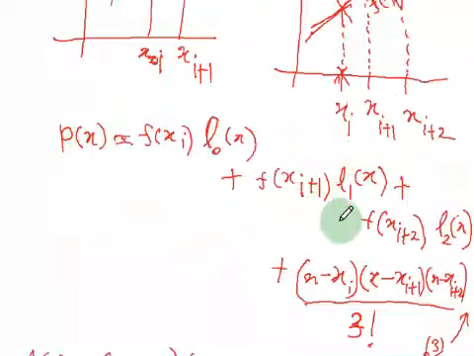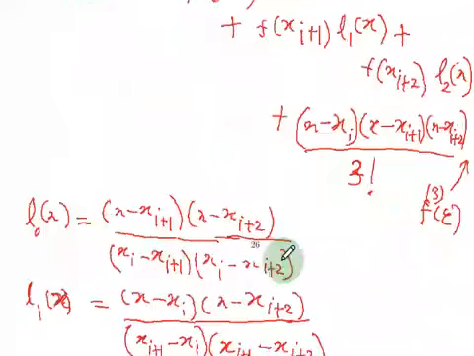F of xi, this cardinal function L naught of x is this. On the denominator you have xi minus xi plus 1, xi minus xi plus 2.